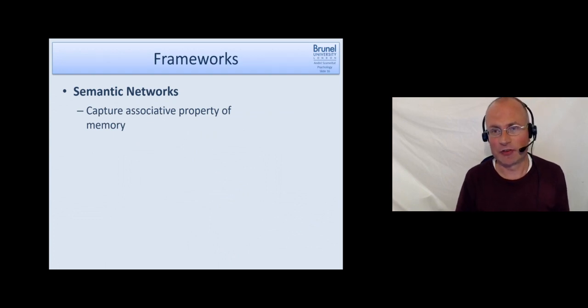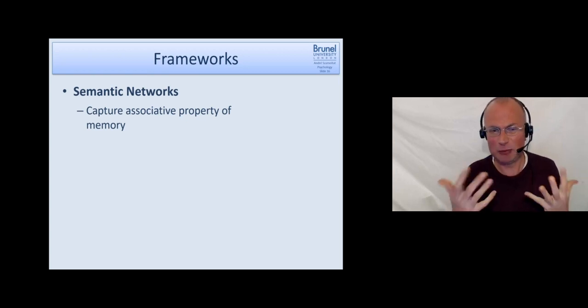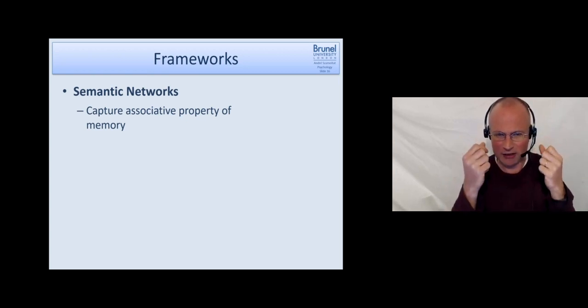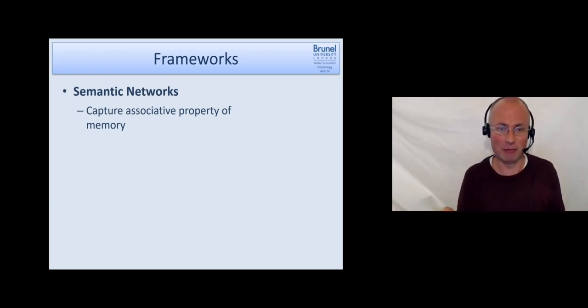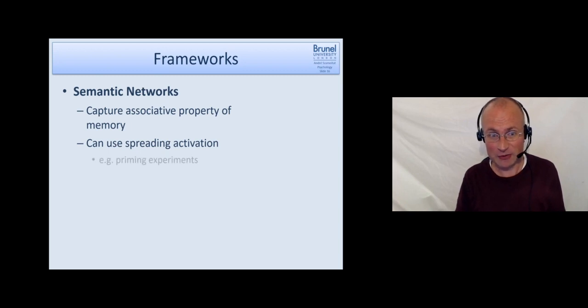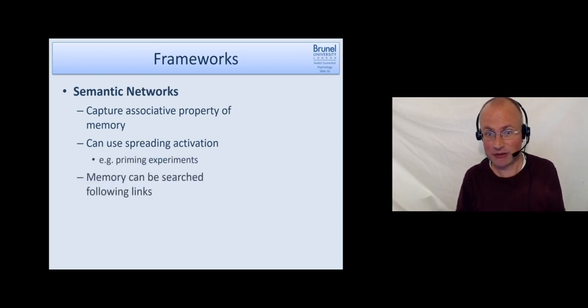These semantic networks capture very nicely the associative properties of memory, so that everything seems to be linked with each other. And you probably know that. If you think of one thing, often related things pop up as well, or you remember them. Then these semantic networks can use spreading activation, as we just said, in priming experiments, for instance, but also, as we will see later in long-term memory, as so-called retrieval cues, where we say, oh, do you remember this one actor?